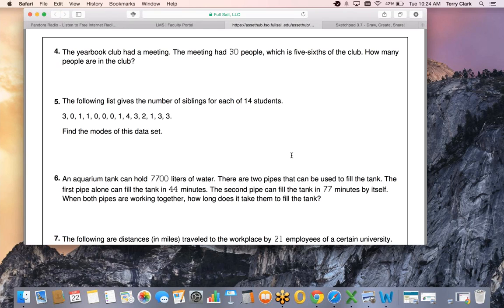Okay. What about number five? Does anybody need to see number five? That's the mode. What about question number six? That's sort of like a DTR problem. Does anyone need to see that one?